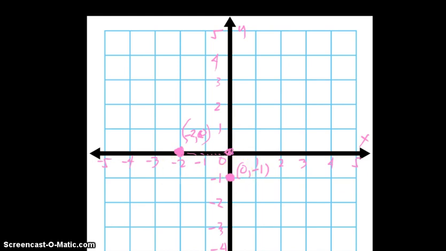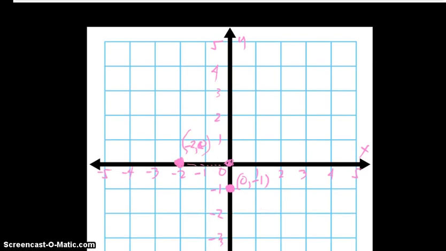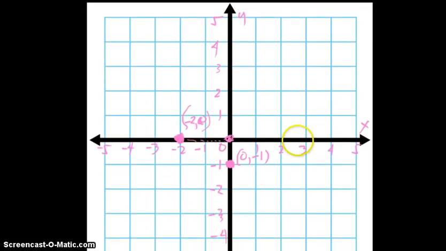And the last one is positive 2 and negative 2. So, itong positive 2 natin, at negative 2 ang y natin. So, dito sila magkikita sa part na to. So, that is positive 2 and negative 2.